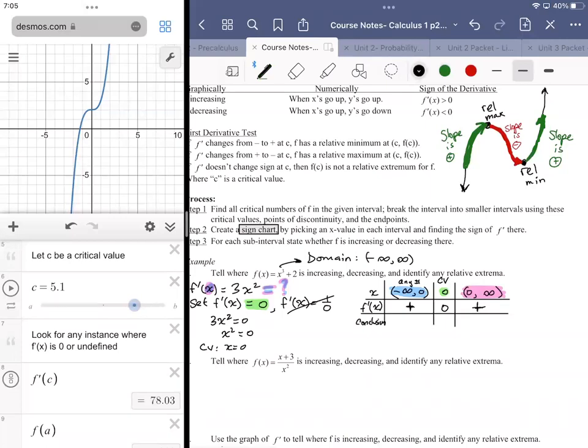If I get a plus sign, that means that the slope is positive, but it also means that the function is increasing. No sign change means no relative extrema. If you don't have a sign change, by definition, it's telling us that we don't have any relative extrema.